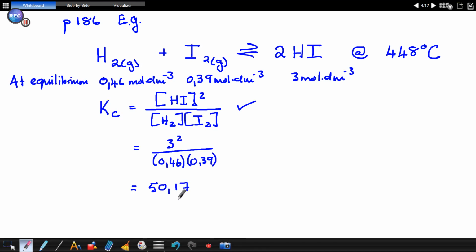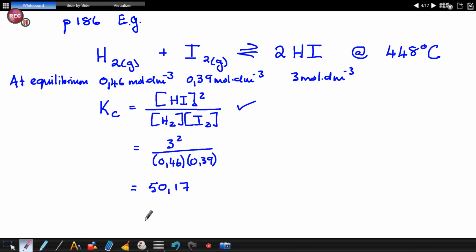Does it not have a unit because it's a ratio? Yes. Mole per cubic decimeter at the top, mole per cubic decimeter at the bottom. Now, what is the meaning of the value 50.17? The meaning of the value is that this equilibrium lies to the right.